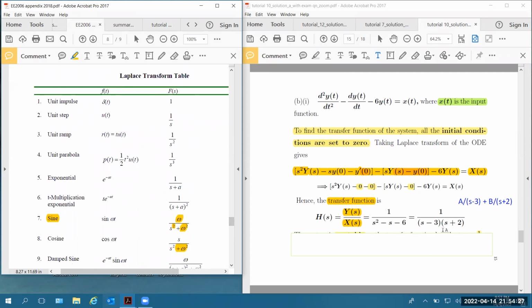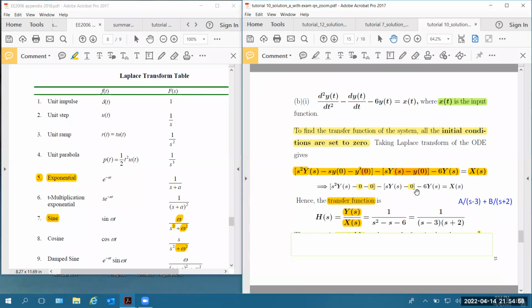It is a constant over s plus a, so that means it's this exponential, e to the power minus at. So your first term will give you e to the power of 3t, and your second term will give you e to the power of minus 2t.